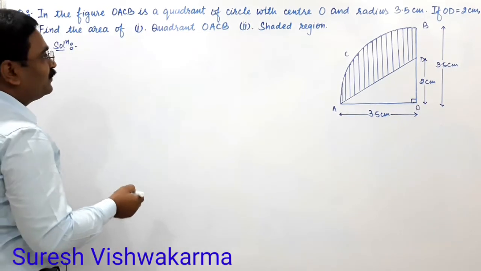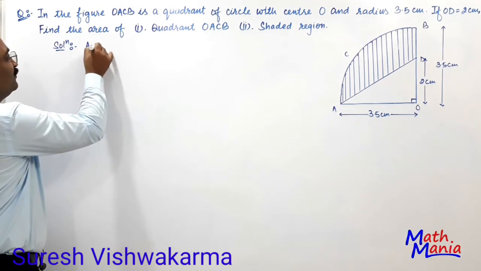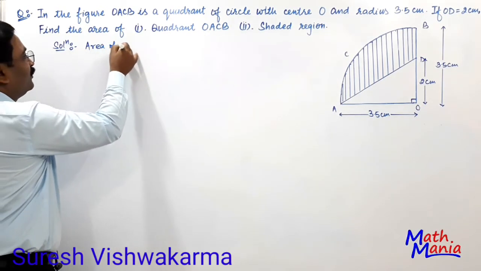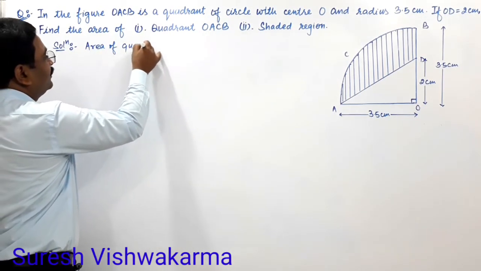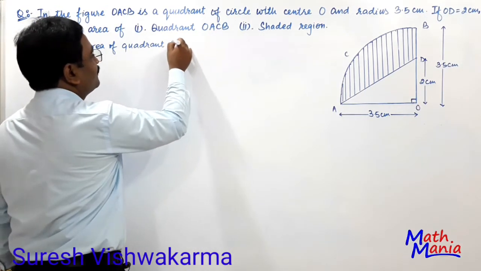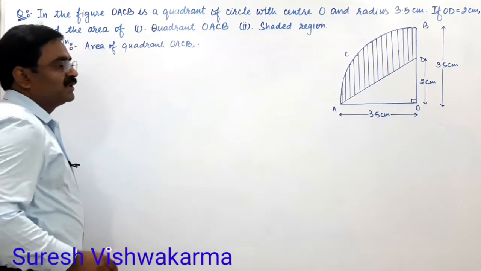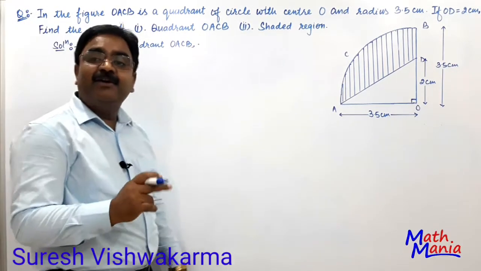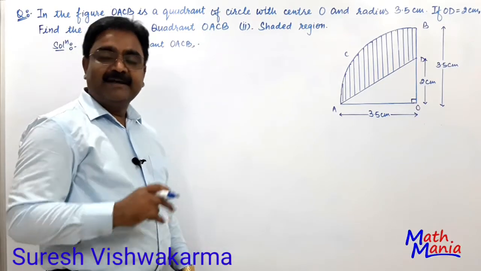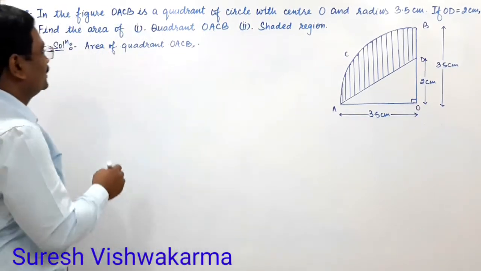So the area of quadrant OACB. For this we have to take the area of a sector, and the area of a sector is pi r square theta upon 360.